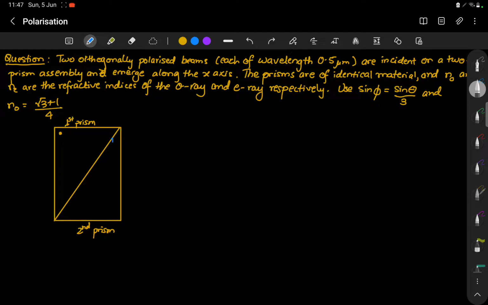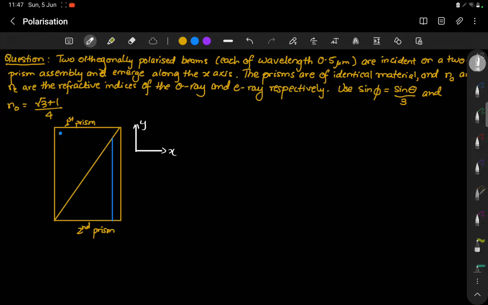So this is the optic axis for the second prism, this is the optic axis for the first prism, and the axes are as follows. This is the x-axis, this is the y-axis. The optic axis of the first prism is along the z-axis, and for the second prism it's along the y-axis.